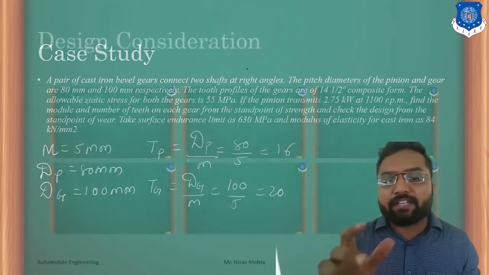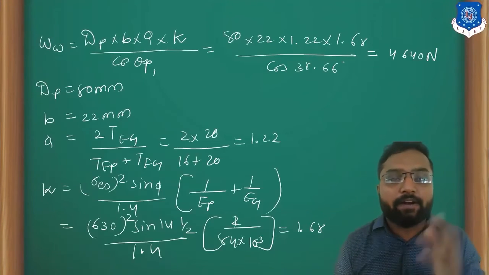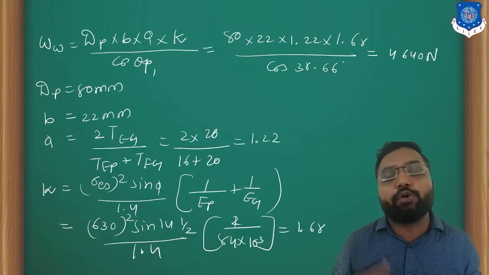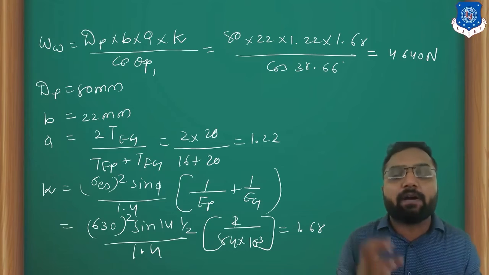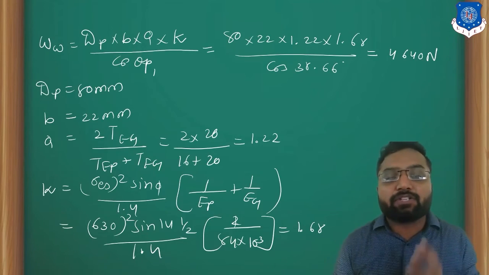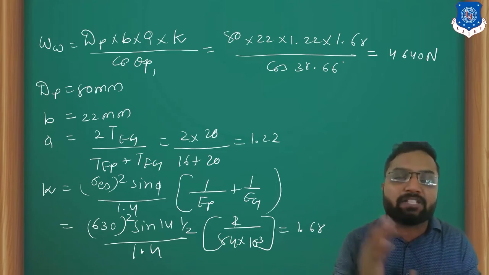Because the equation is Ww, wear load, equals dP into B into Q into K, where dP is the diameter of pinion, B is the face width, Q is the velocity ratio factor, and K is the strength depending on the endurance limit and modulus of elasticity.